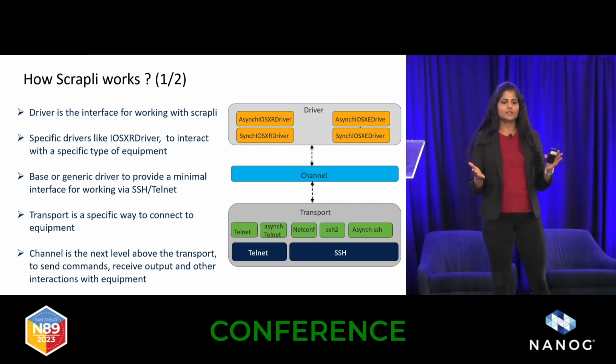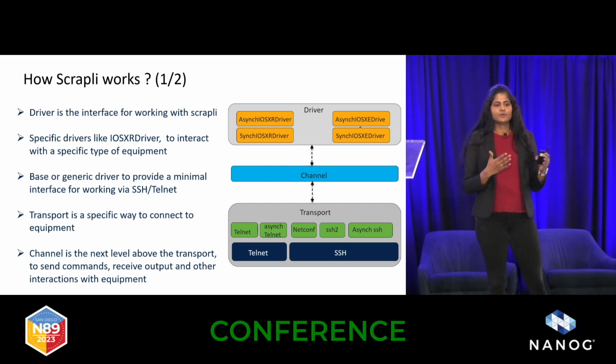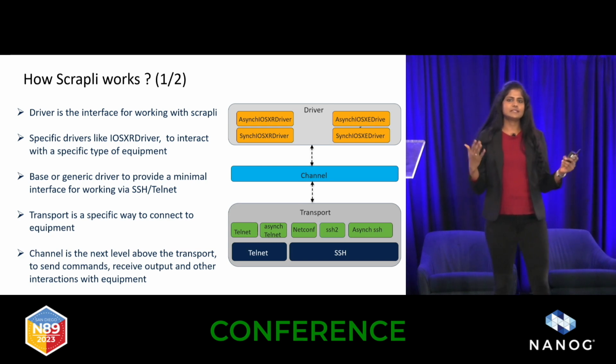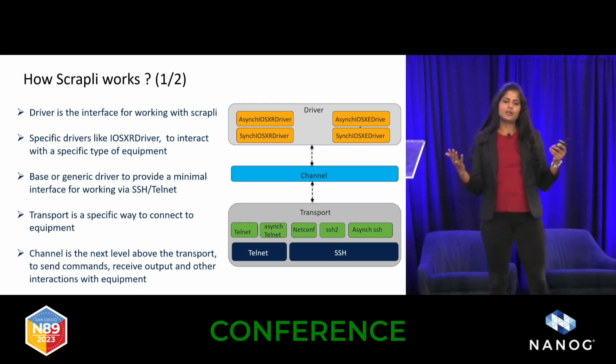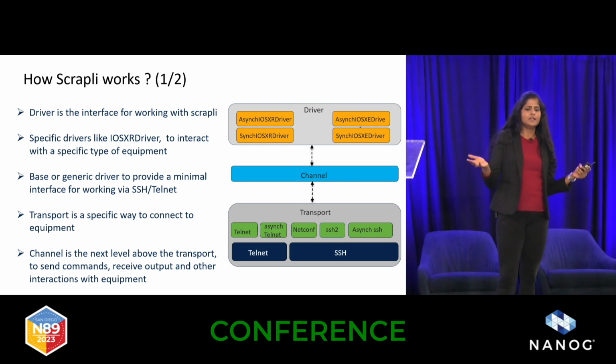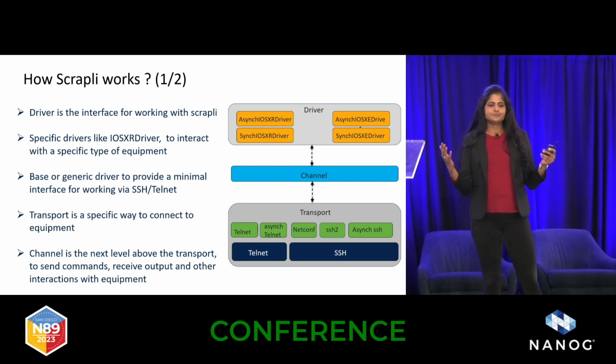I just included a few of the drivers here, but it can also use JunOS, Arista EOS, etc. So you have to basically import these drivers from the Scrapli package and then provide the transport information through which it can connect to the network devices, either SSH, Telnet, Netconf, or you can also use Paramiko, etc. And then you just connect to the device in a synchronous way and retrieve the information from the network devices.